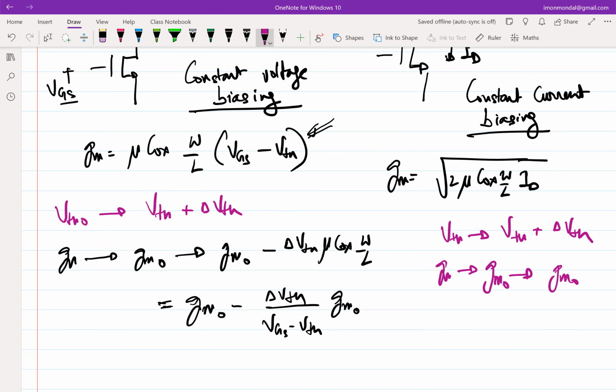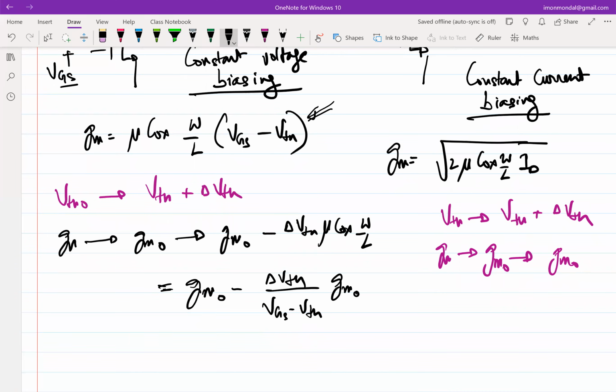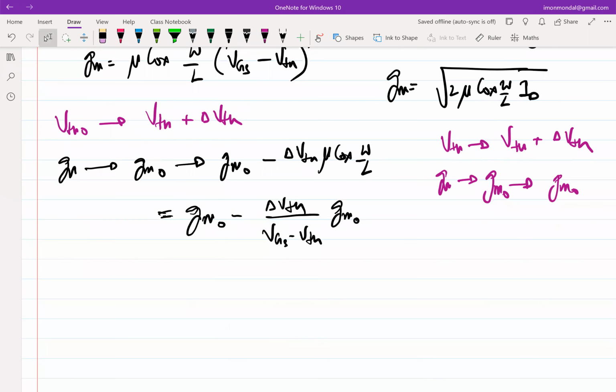You can do the same thing for, what happens if, let's say, mobility changes? Again, mobility is beyond our control. It can change. So what happens if the mobility changes? In this case, if mu goes from mu naught to mu naught plus delta mu, how much does the GM change?